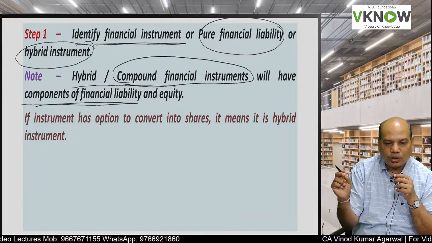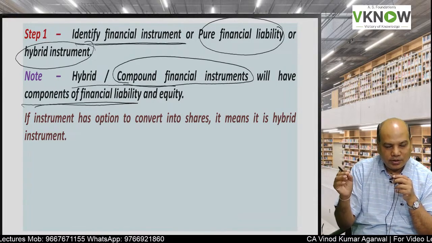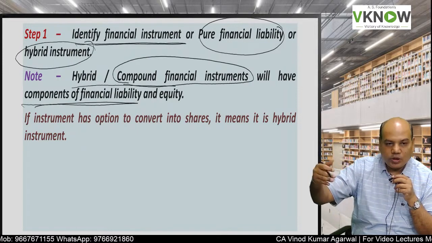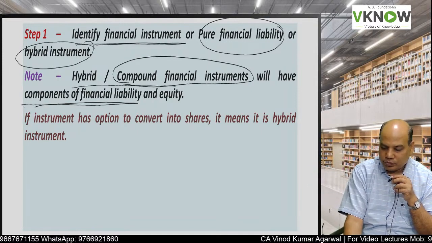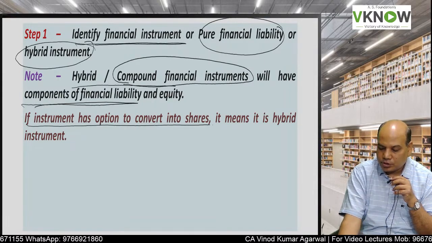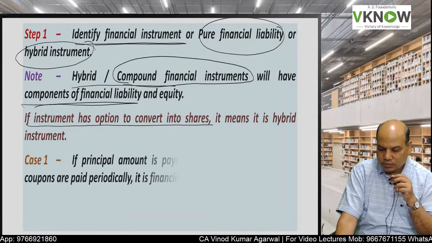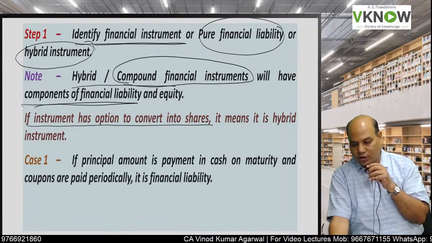The financial liability component will be accounted for as per the standard applicable to financial liability. Equity is not remeasured. If any problem contains an option to convert into shares, then it means it is a hybrid instrument.